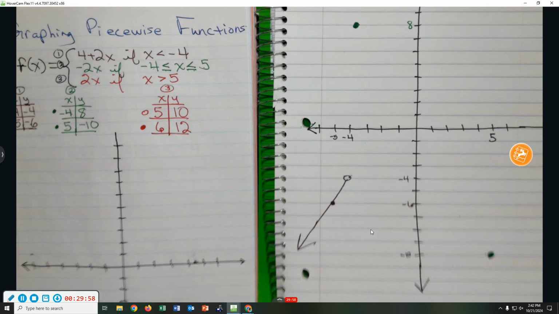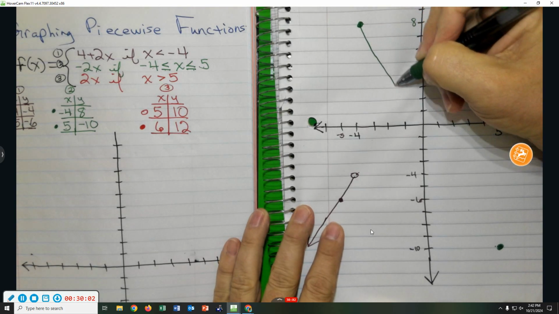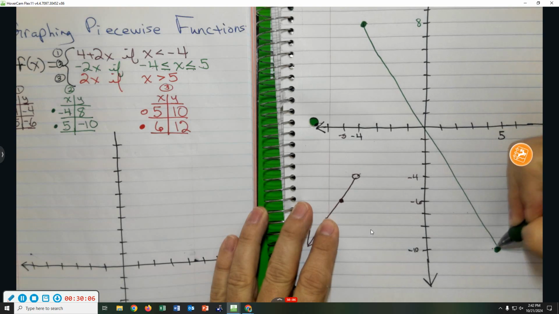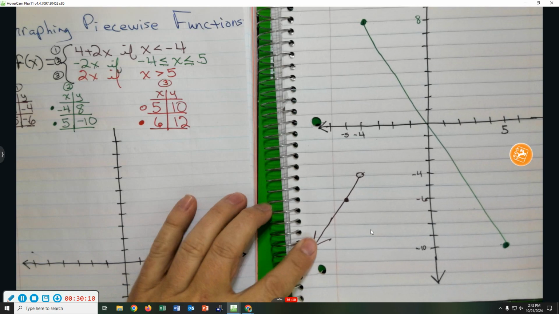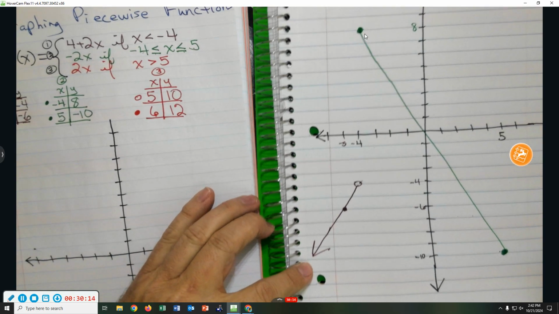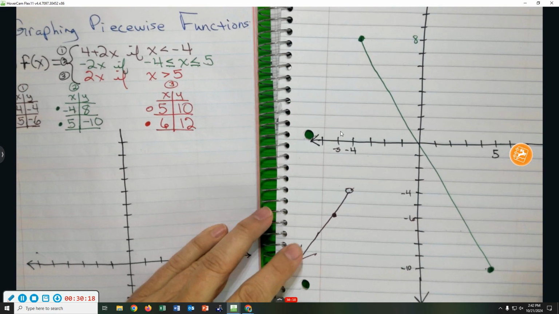So we're going to start and connect the dots there. And here's my question. Do we have any arrowheads? And if so, on which side? Left or right? Or neither.